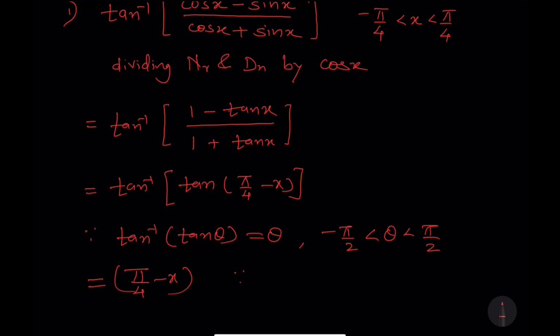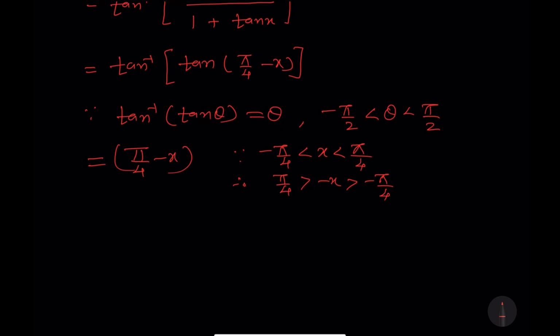Since x lies between minus pi by 4 to pi by 4, pi by 4 minus x will lie between what? Let's find out. Since minus pi by 4 is less than x is less than pi by 4, therefore pi by 4 is greater than minus x is greater than minus pi by 4. What we want is pi by 4 minus x.